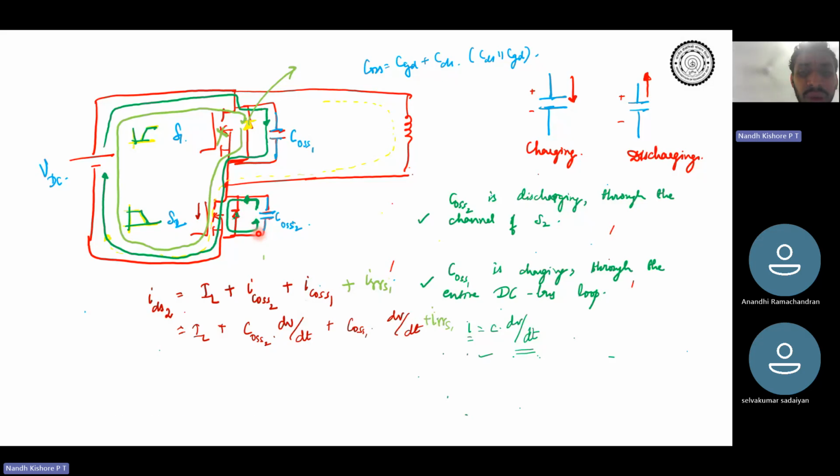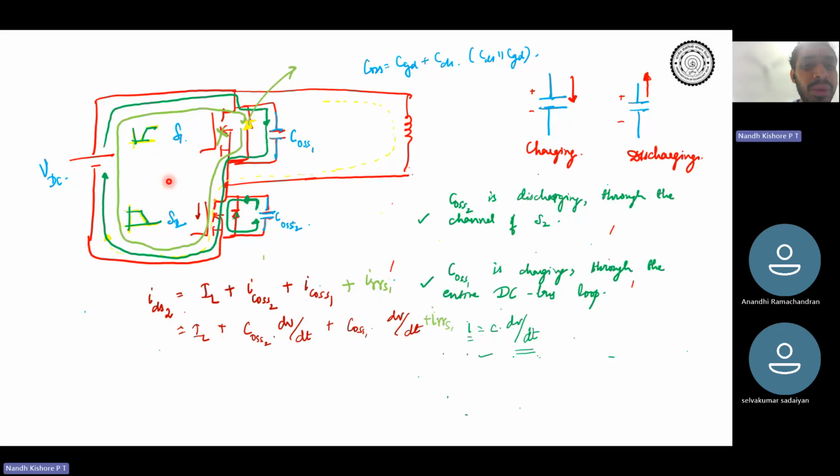And as COSS2 discharges, COSS1 will charge up, because the total voltage is VDC. If the voltage across S2 is falling, the voltage across S1 should rise at the same time, so that the voltage of this plus the voltage of this is equal to VDC. So COSS2 is discharging, and automatically COSS1 is charging up.